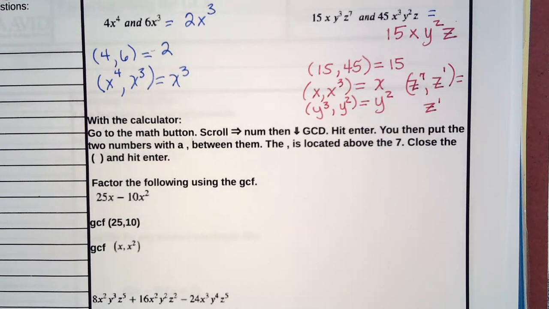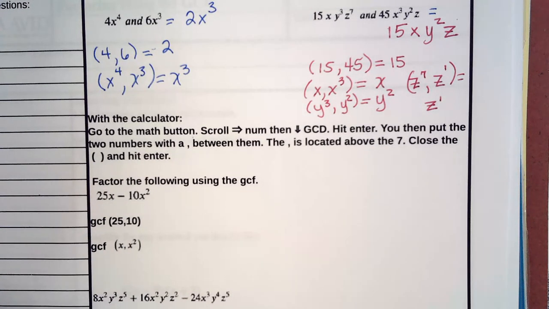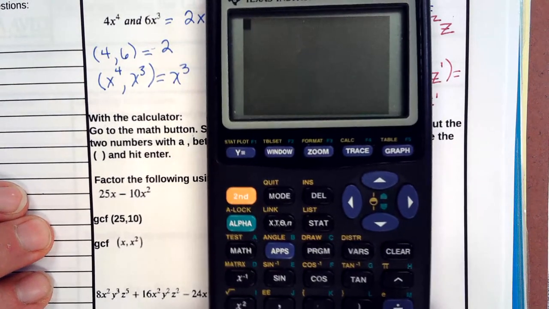So, guess what? Your calculator will do that for you. This is why I brought to your attention that GCF is also the GCD. So, with your calculator, here's my calculator.